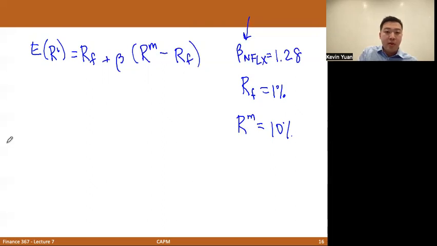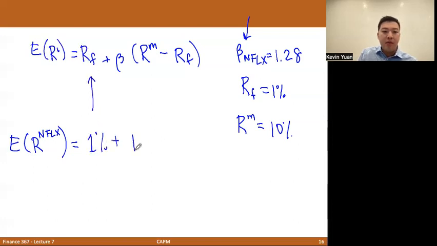What is the expected return of Netflix stock? Well, I can simply plug it in. I can get my 1% as the risk-free rate, plus my beta of 1.28 times, let's say actually the market return is 10 and the risk-free rate is 2. That's a little more reasonable.